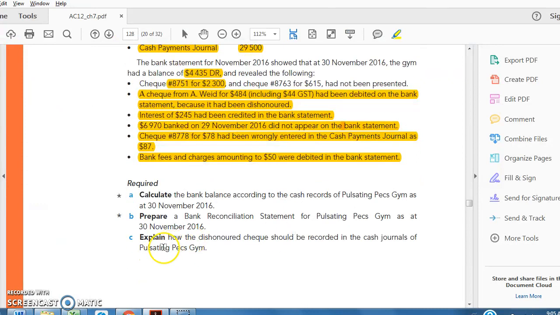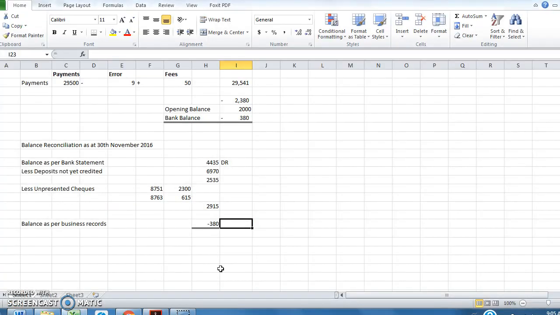Last question. So explain how the dishonored check should be recorded in the cash journals of Pulsating PECs. So I touched on this a little bit before. For this question, you'd have to give a brief explanation of what a dishonored check was. How it should actually be treated is as a negative receipt, as it's being recorded into the cash receipts, but it needs to offset the original entry.